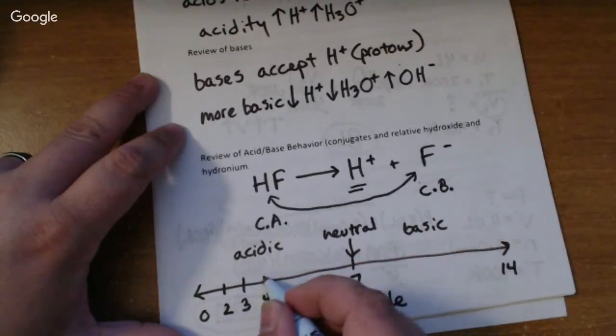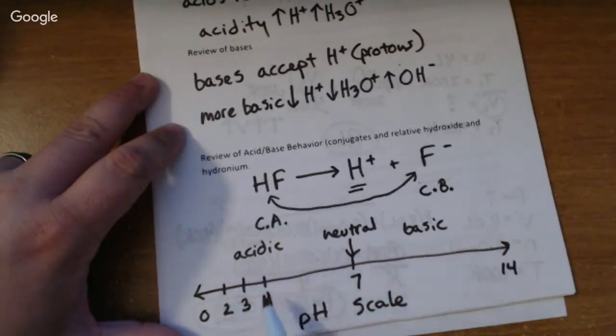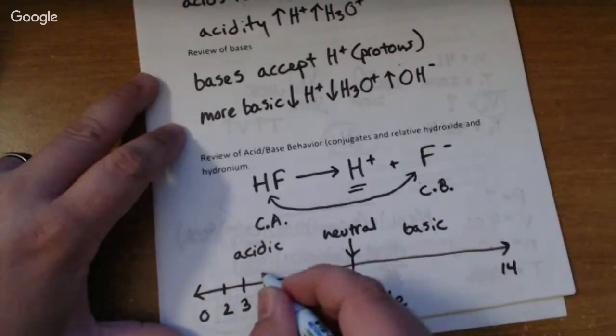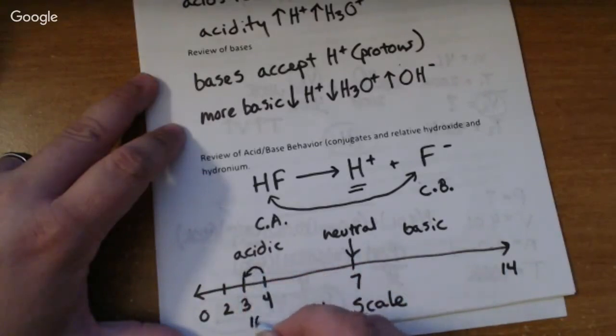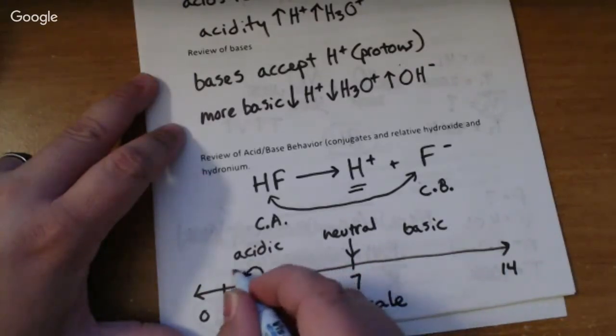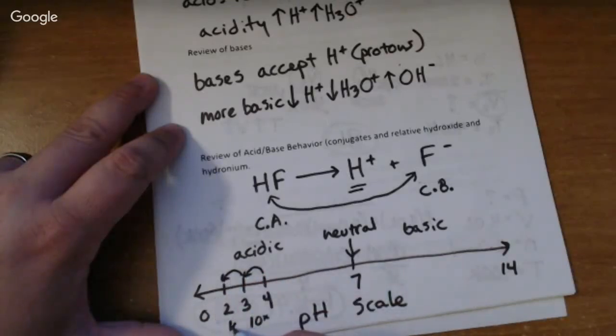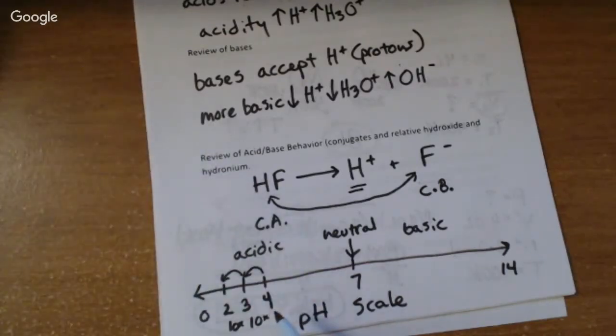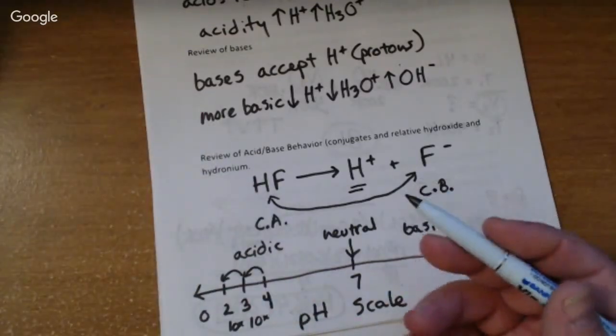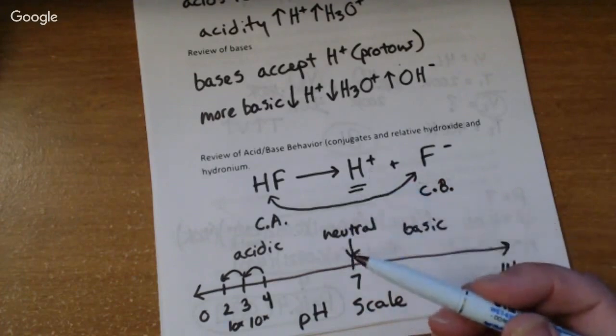If we went from 4 all the way down to 2, we would be going 2 pH units. So just going 1 unit, this gets 10 times more acidic. Going another pH unit, it gets 10 times more acidic. So 10 times 10 means if I drop from pH 4 all the way down to pH 2, it's 100 times more acidic down here than it is up here. So every change in pH unit is another factor of 10, another multiplier of 10, more or less acidic.